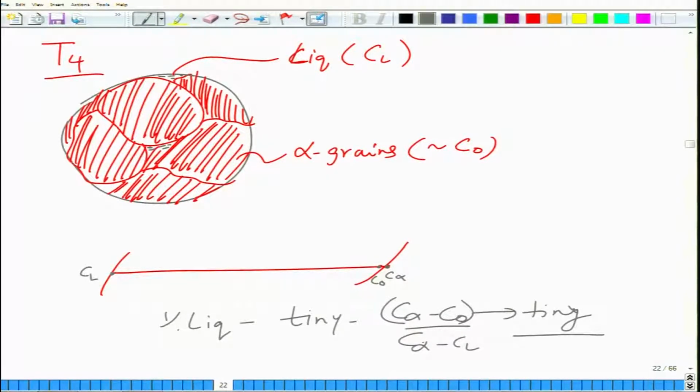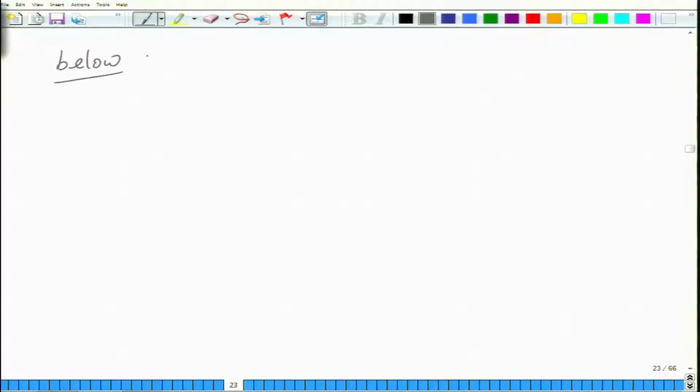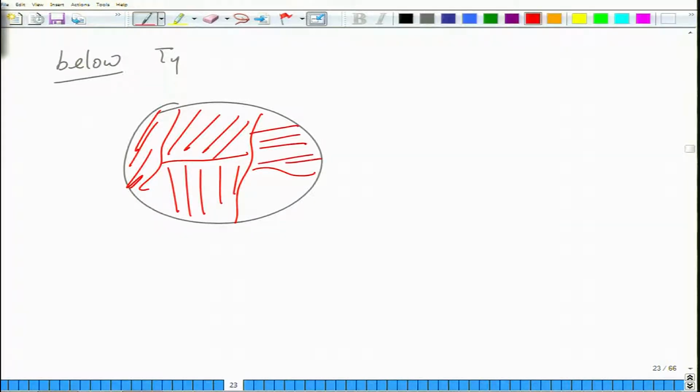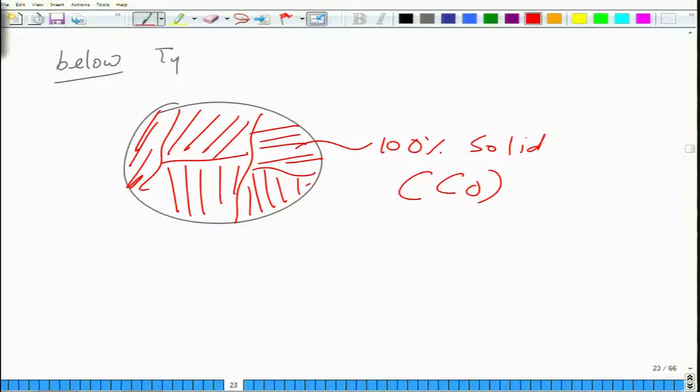Solid composition is nearly same as the alloy composition, and liquid is highly depleted in solute with composition CL. And the moment you cross over below T4, you will have 100% solid of composition C naught.